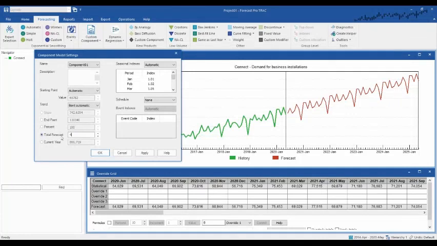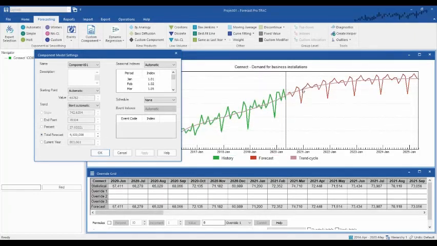What I can do is I can change that to something like 4.5 million, apply that. What you can see now is the projected trend looks much more reasonable. And in terms of 5-year forecast, this is something that I might feel better about presenting to management. And that is our quick whirlwind tour of the custom component model.